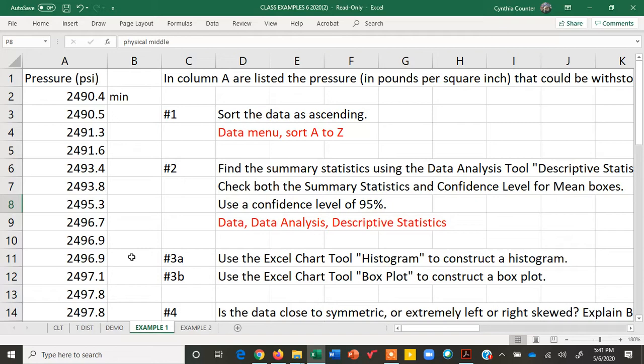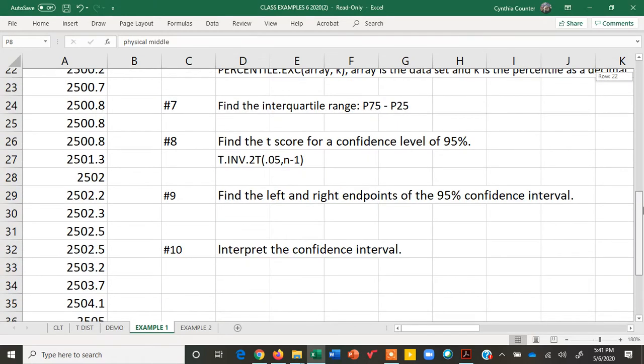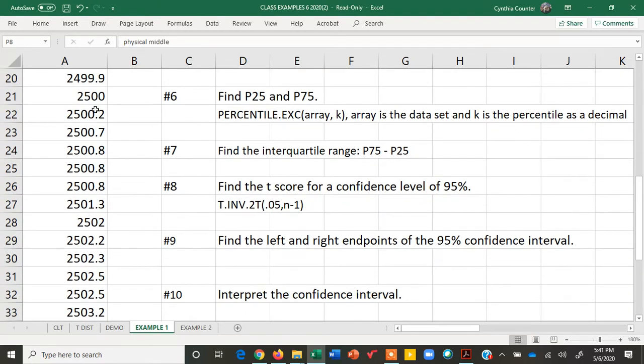So when I scroll down, I see that the 20th and the 21st data values, which in here will be on the 21st and 22nd rows, are the two middle numbers. So I don't have a single physical middle. I have these two numbers.